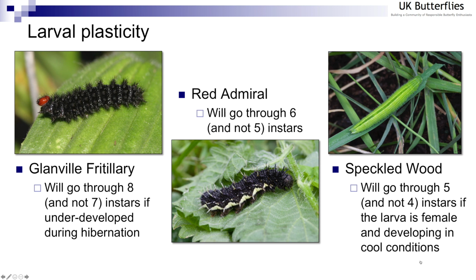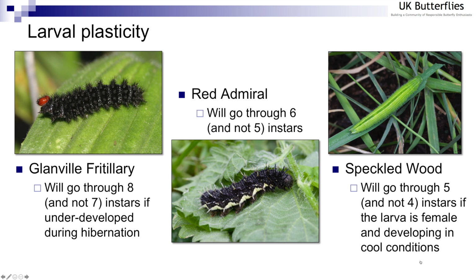Once it re-emerges, it will throw out another instar in order to become fully grown. And on the right-hand side, speckled wood, which has a very interesting combination of criteria. It will go through 5 instars rather than 4 if A, the larva is female, and B, is developing in cool conditions. Both of those examples have come from research papers that I've read.